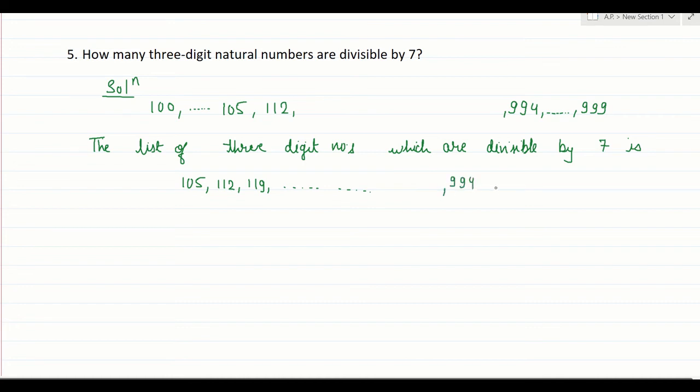Isn't this? And if you observe carefully, this will form an AP where the common difference is 7.